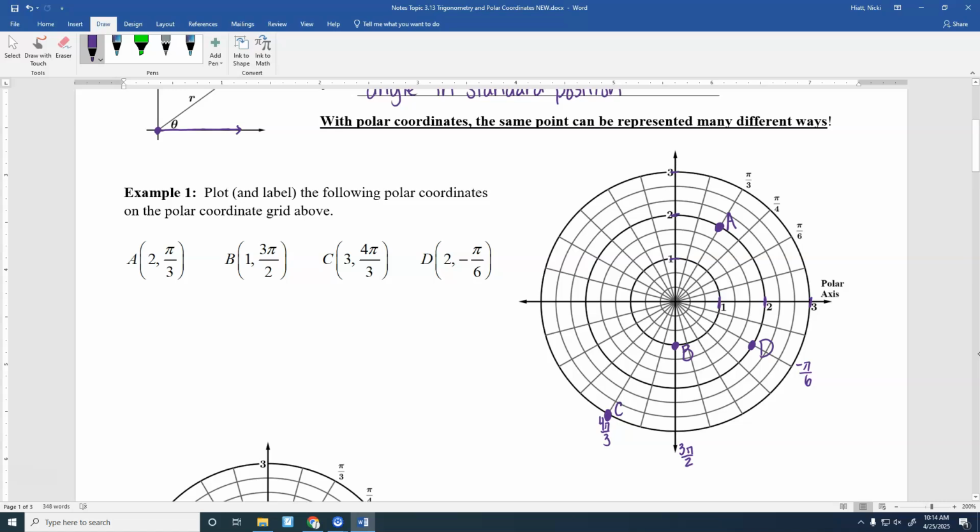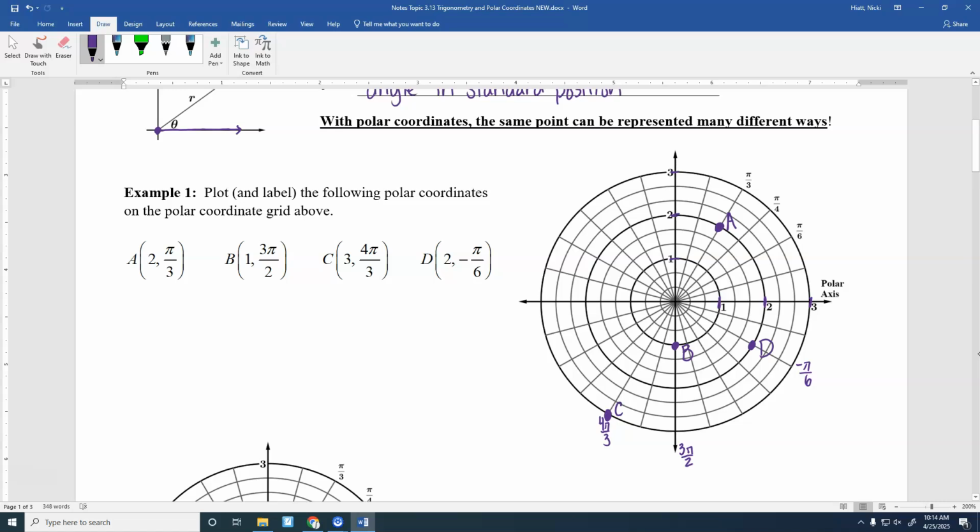There will be values that are not whole numbers. If you're just being asked to graph a point, probably not. They'll probably be whole numbers just because that way you can be precise about what you're doing. When we start graphing polar equations, we'll definitely see some where we have to kind of guess.